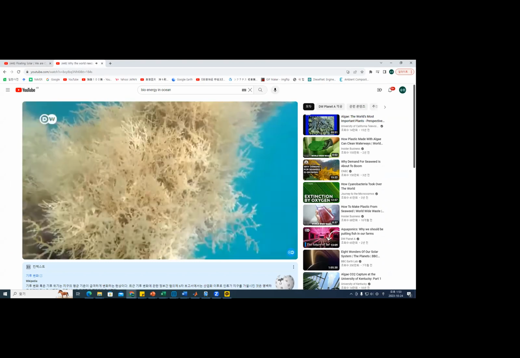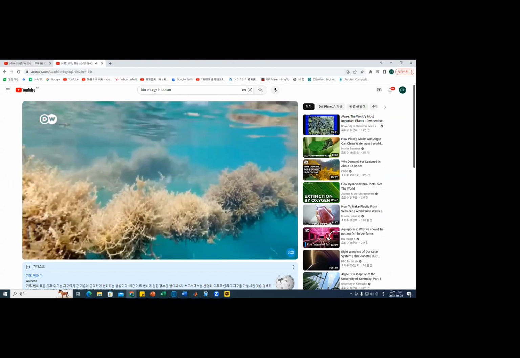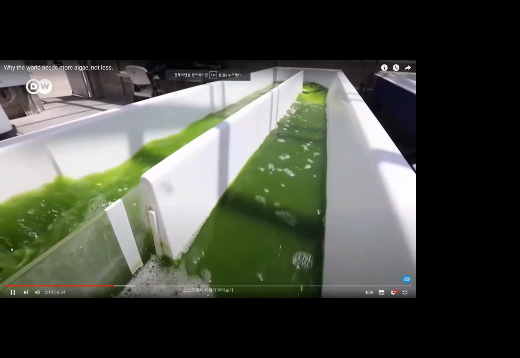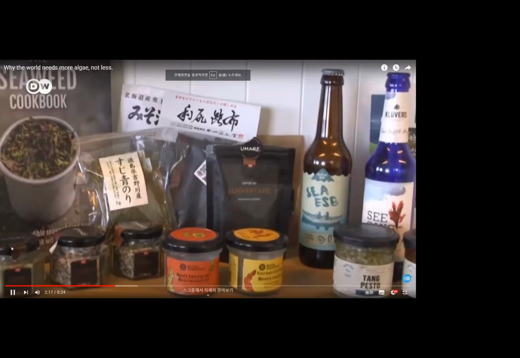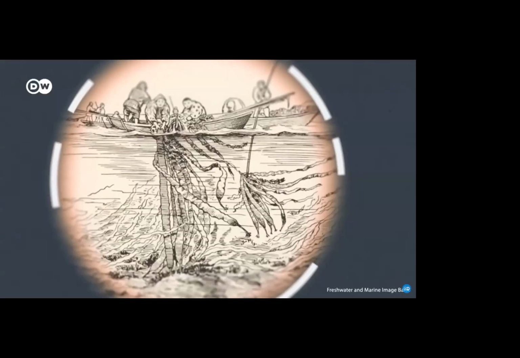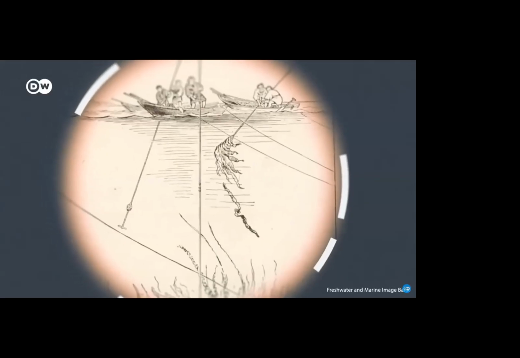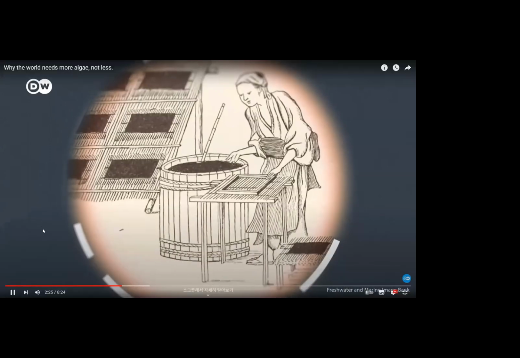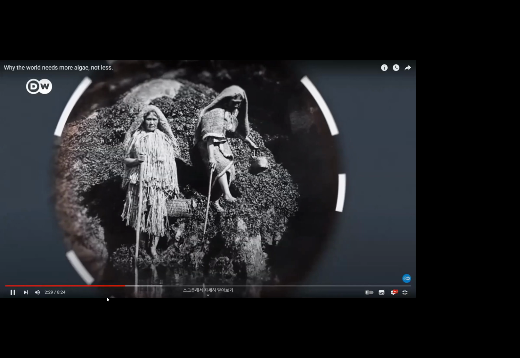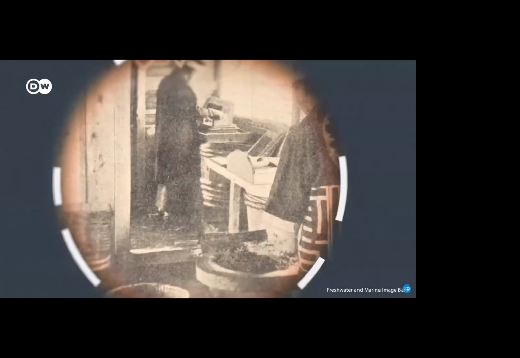Ocean algae absorb 1/4 to a third of global CO2 emissions every year. But all algae do this even if they aren't in the ocean. So no matter what it's used for, growing algae captures CO2. And humans have been using algae for thousands of years. Indigenous peoples from the Americas to East Asia are the original seaweed farmers. Seaweed was even mentioned in the oldest known Japanese poetry.